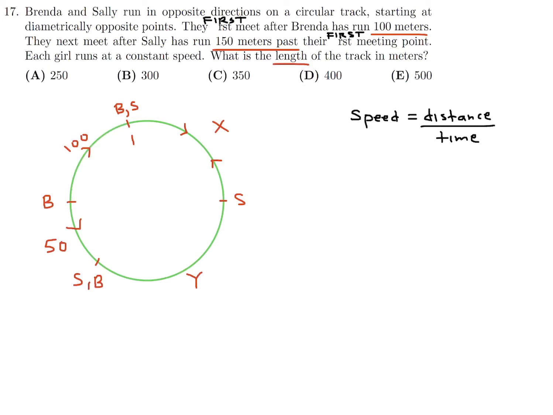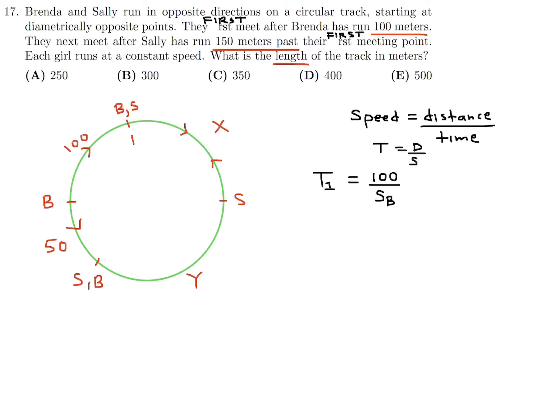So we're going to use that as our distance. And speed, well, we don't know her speed, so I'll just call it speed of Brenda. But I'm going to flip this equation so that I have time is equal to distance over speed. So her time, T1 I'll call it, is 100 divided by the speed of Brenda, like that.